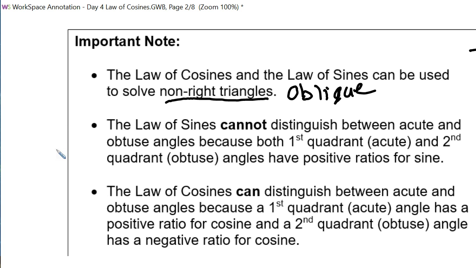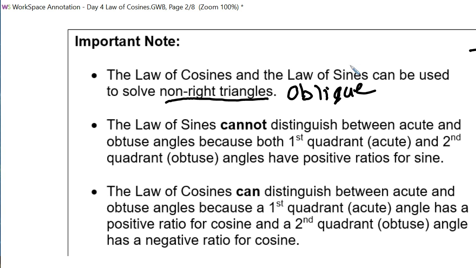Now, the third bullet. It says that the law of cosines can distinguish between an acute angle and an obtuse angle. So here I still have my acute angle in red and my obtuse angle in green. And in quadrant 1, cosine is positive, but in quadrant 2, cosine is negative.